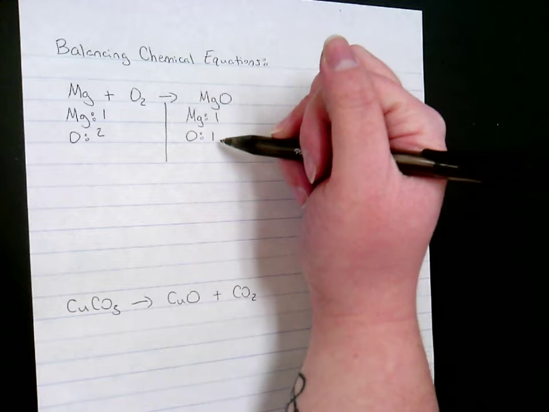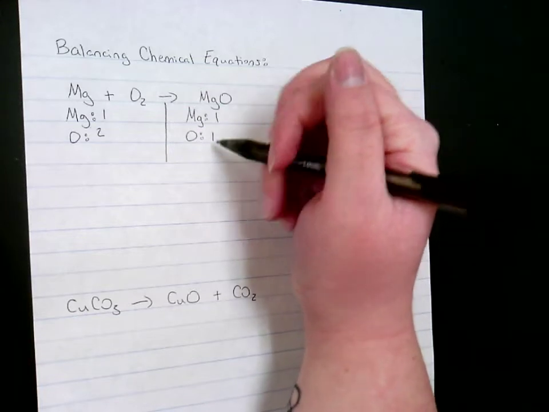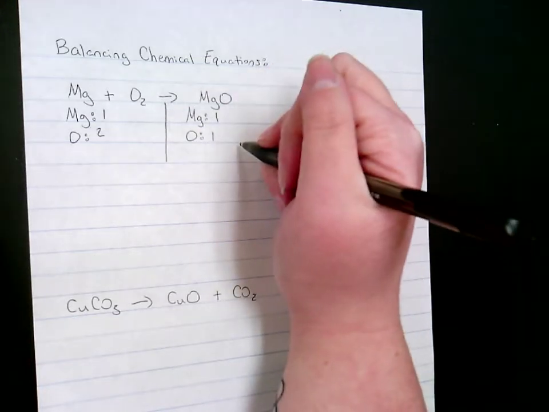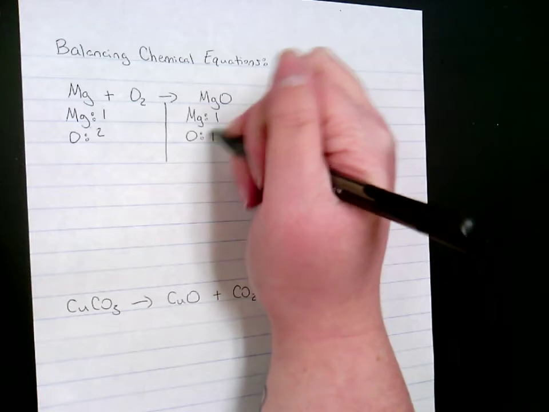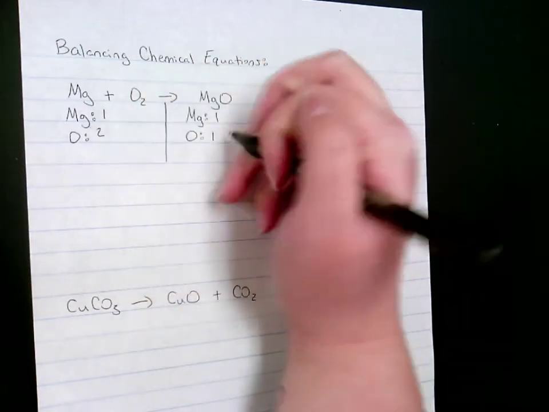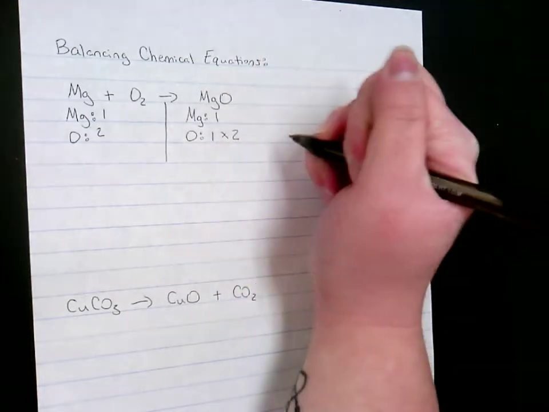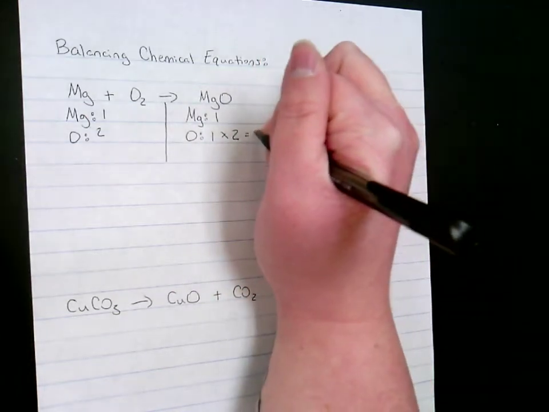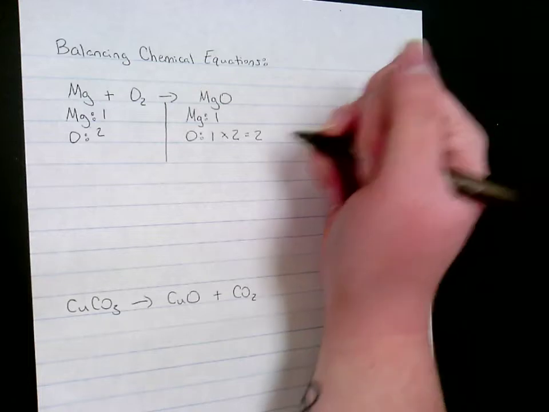We use multiplication when we are balancing equations. So the question I ask myself is, what can I multiply this 1 by in order to equal 2? Well, clearly the answer is 2, because 1 times 2 gives me 2.